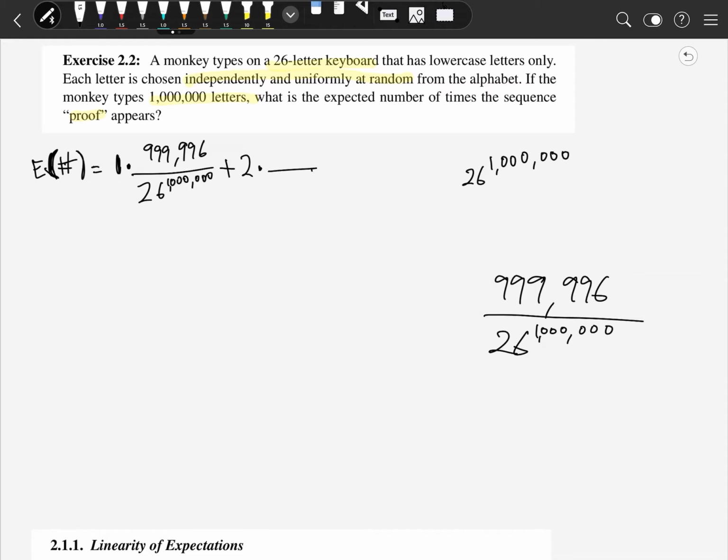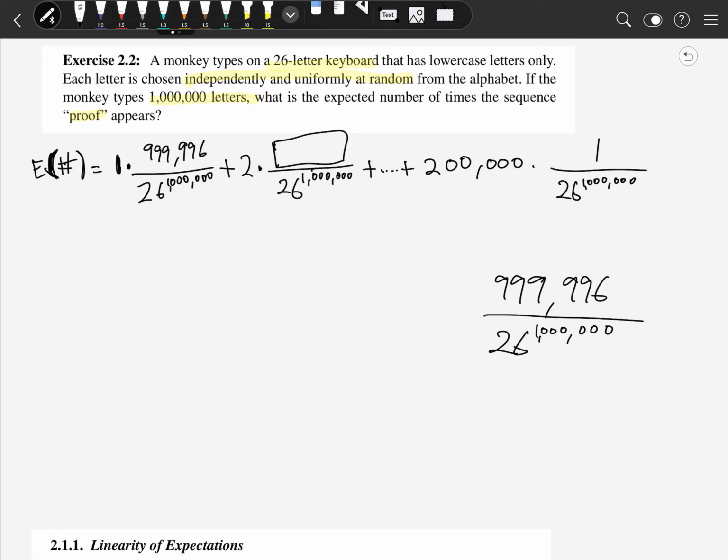This is again over 26 to the power of 1 million, and there will be some number over here, all the way to this, 200,000 times 1 over 26 to the power of 1 million.